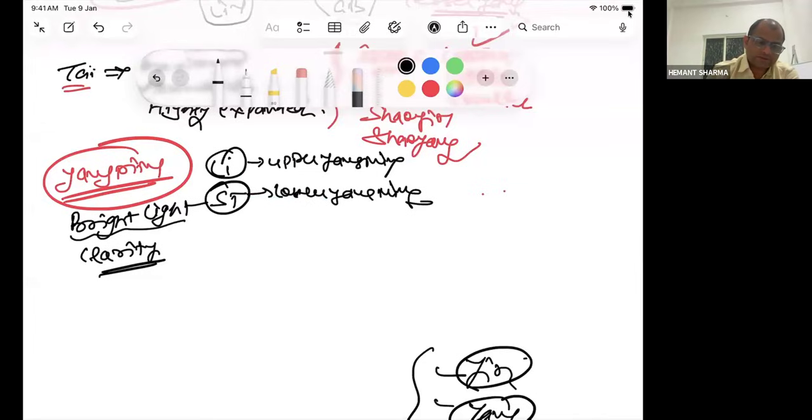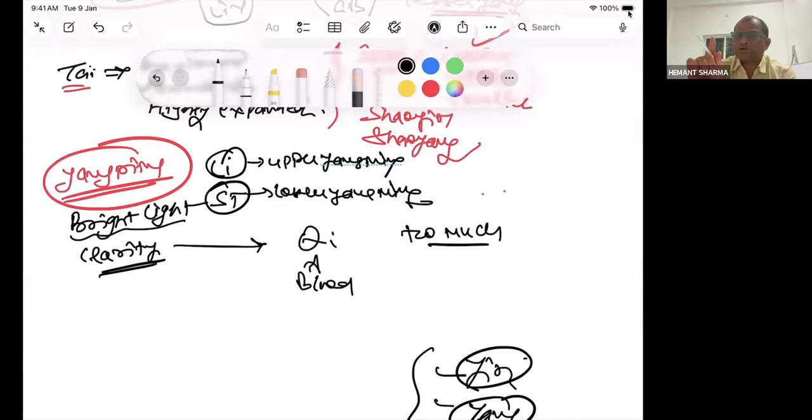So why are we calling them bright light? In the TCM it's written that yang ming is also the channel having chi and blood too much. We are not talking about the yin and yang. The yang ming is the channel having chi and blood in abundance.